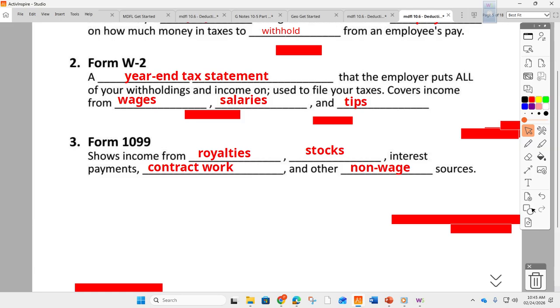They hire you to come in and do the plumbing. You don't actually work for that person. You're not part of their company or business, but they have hired you. You are contract work. They will give you a 1099 form for the money they paid you for your part of the job. Caught up with me? Okay.